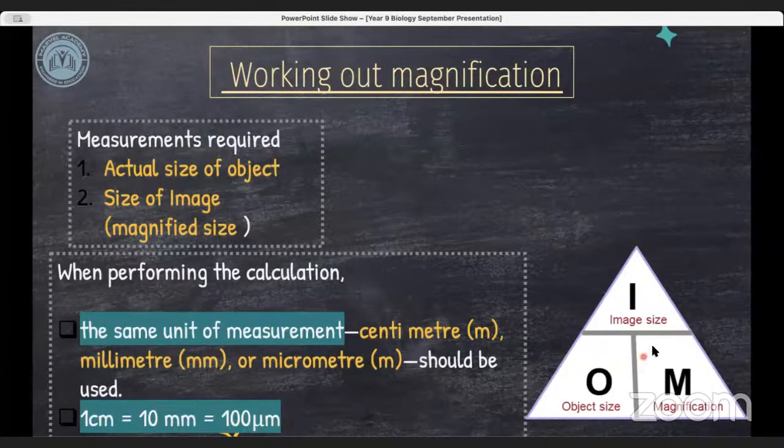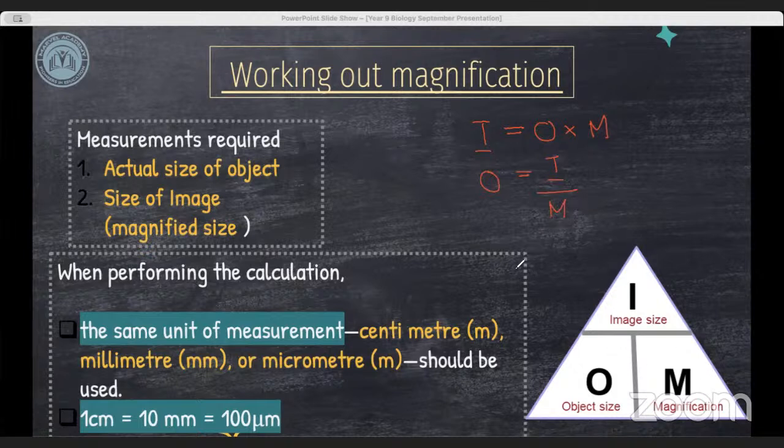This is the formula triangle that you need to use, children. I'll work out the formulas for you. Image size is equal to object size multiplied by the magnification. If you want to find the object size, it is image size divided by the magnification.